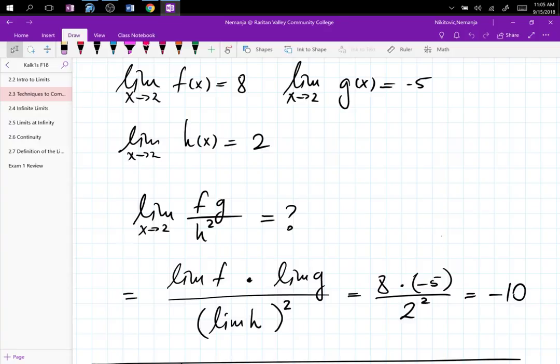So this is the cool thing. Let's say you have the limit of x squared as x goes to 3. You know that you are allowed to plug in and get the answer if everything works out.